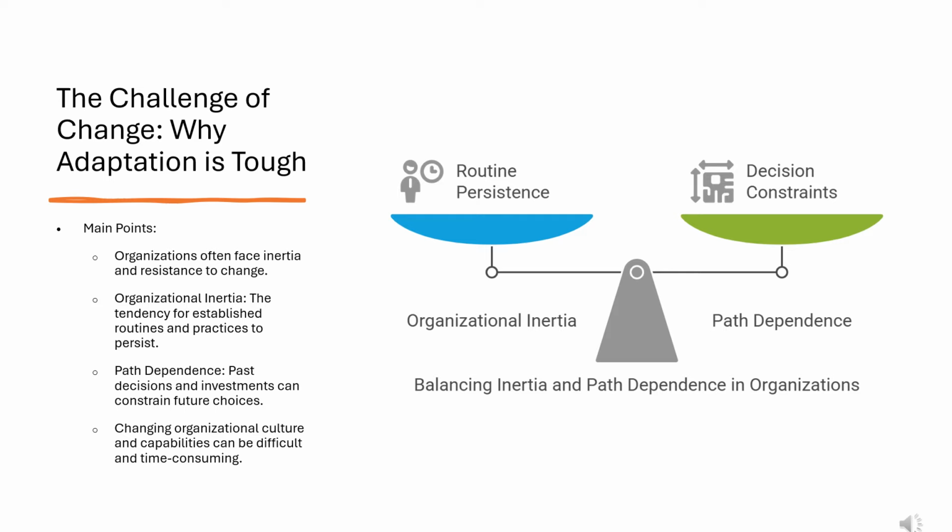It also explains past dependencies, where past decisions and investments can create constraints on future strategic choices. Furthermore, the slide acknowledges the inherent difficulty and time required to deeply change organizational culture and develop new capabilities.